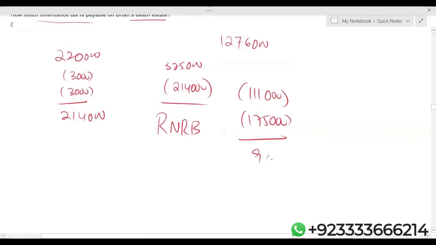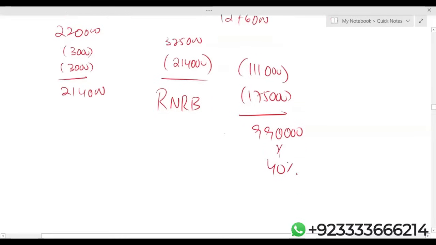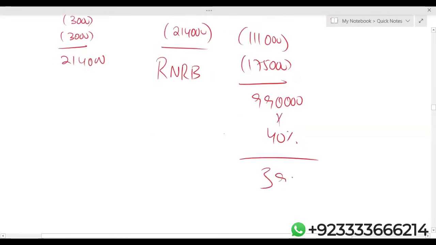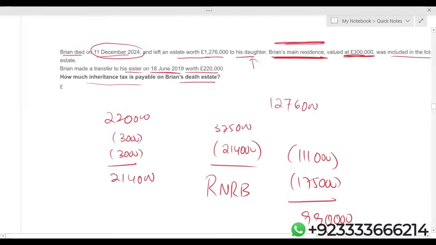I'm getting taxable estate 9,90,000. Obviously, applicable rate is 40%. I'm getting 3,96,000. I'm getting IHT on death estate 3,96,000. Let's see.